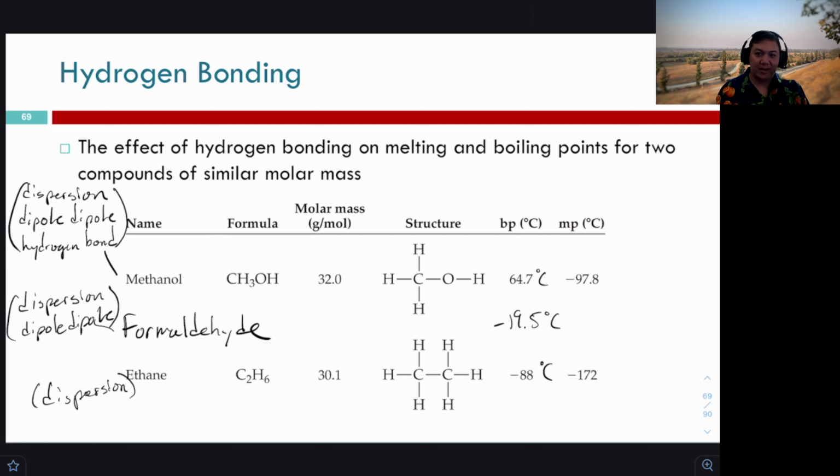Dipole forces are kind of like moving up to Elmer's or gel glue, like liquid glues. They're much stronger than the glue stick, but they're still not as strong as using something like super glue for your hydrogen bond.